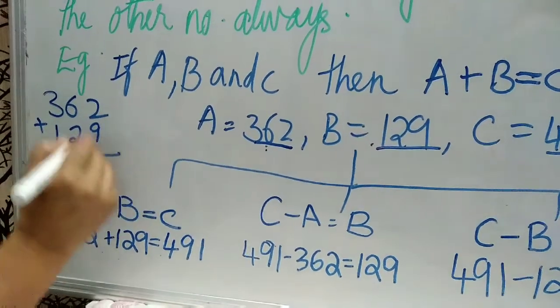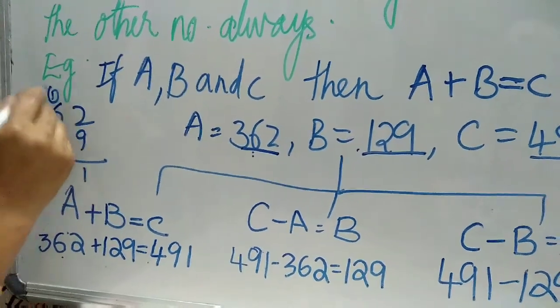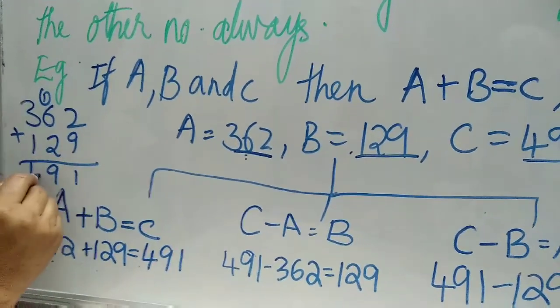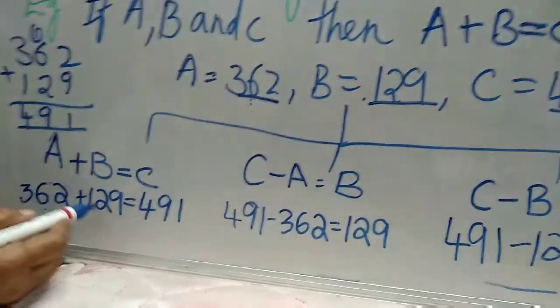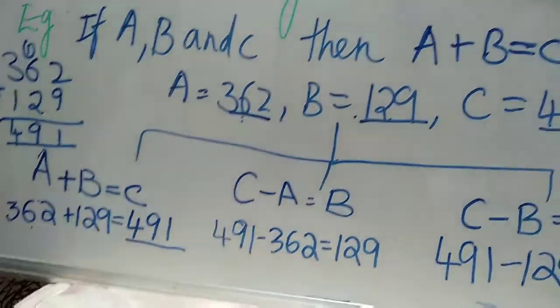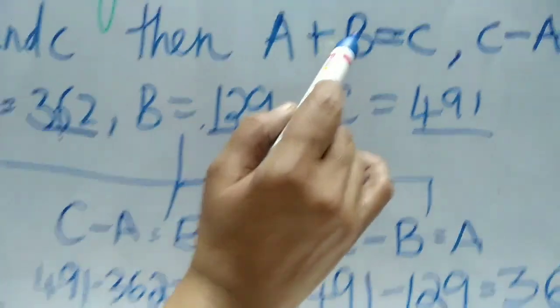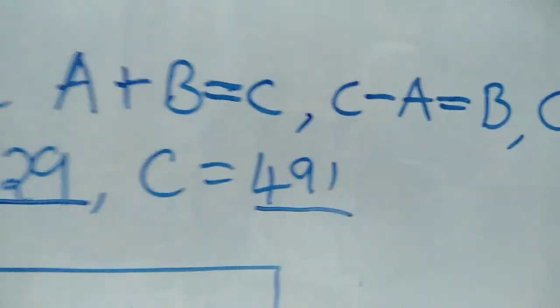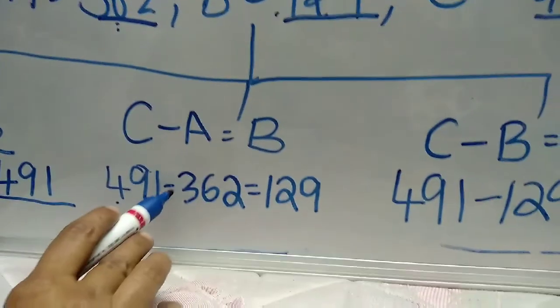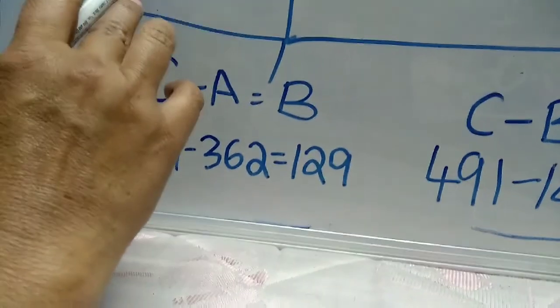You add: 9 plus 2 is 11, 6 plus 2 plus 1 is 9... you get 491. So if you add these two, you get 491. This is C. Now the second property is C minus A is equal to B. C is 491, minus A, 362.